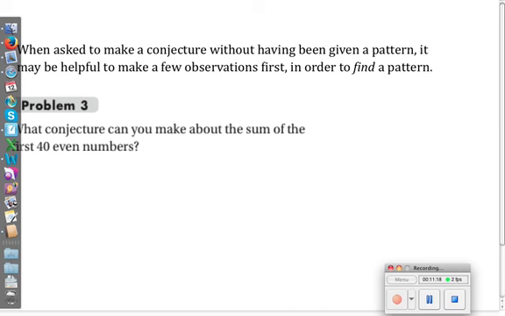Like I said, this would be a question that the SAT or ACT would love to throw at you because it's a timed test. And what's somebody going to be tempted to do? Sit there with their calculator and go 2 plus 4 plus 6, and that's going to suck up all their time. So you want to make sure that you have an idea of how to come up with a strategy.